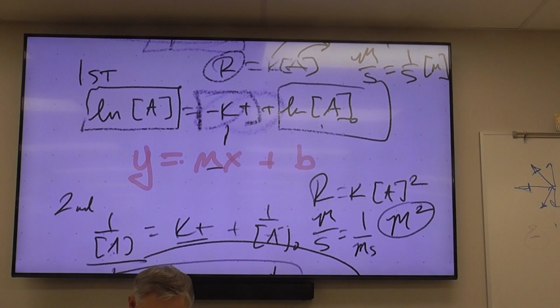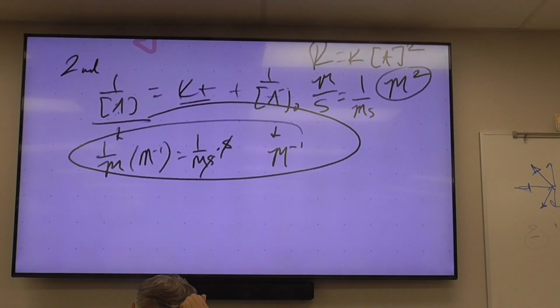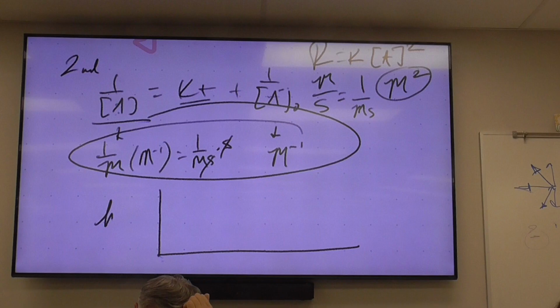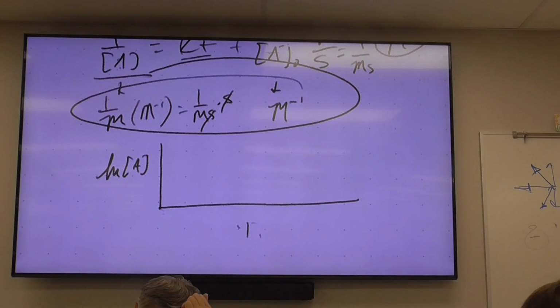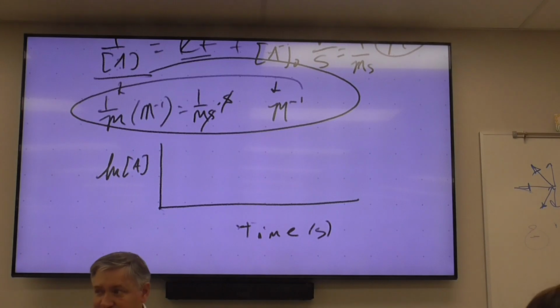So here's what's going to be important. Let's start with the first order reactions. What this means is that when you draw the graphs, and this is going to be all about the graphs, if it's first order, when you draw those graphs, and you're going to draw a lot of graphs, you're going to plot the natural log of A over here, and then you're going to put time on the x-axis, okay?